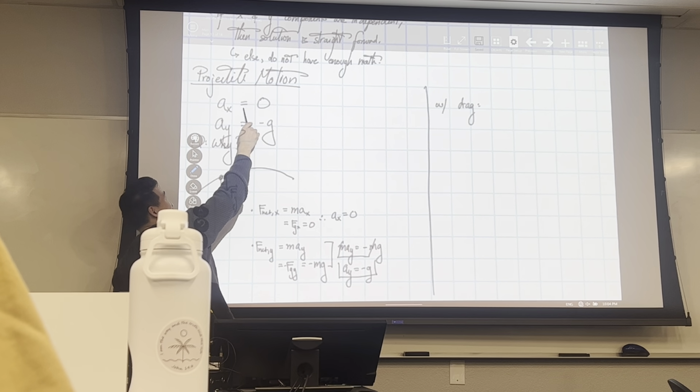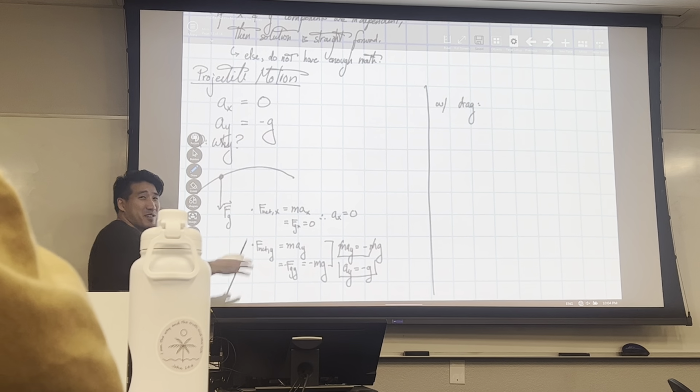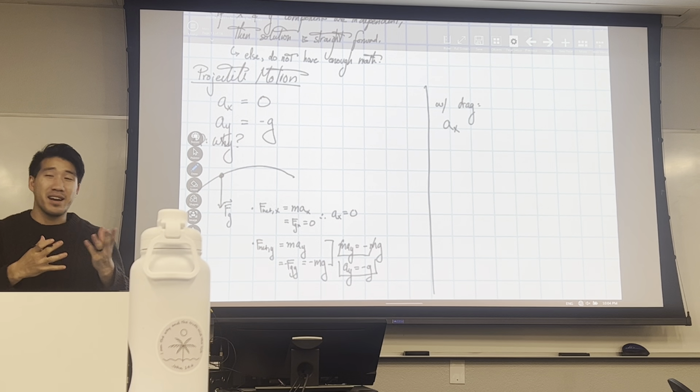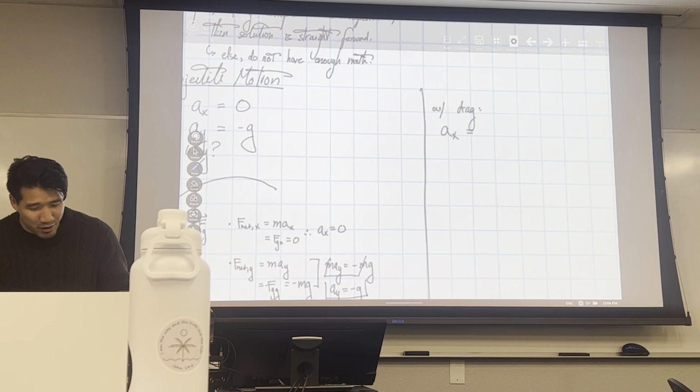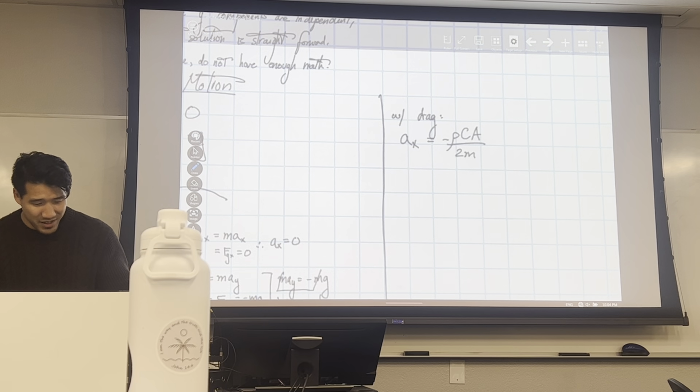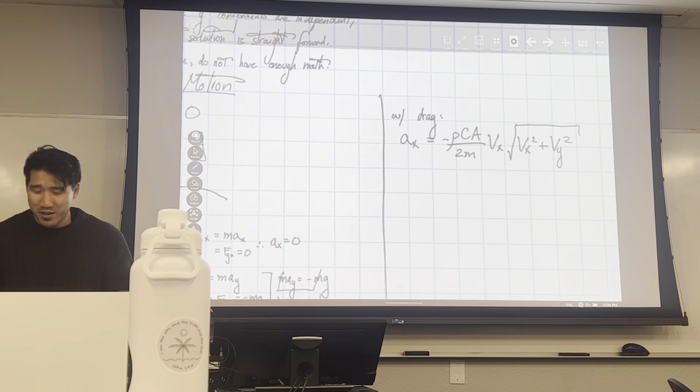Projectile motion: acceleration is 0 in the x, and in the y it is negative g. Very, very simple. With drag, with the model that I showed you, this is what the acceleration values will look like. In the x, it is equal to negative rho, the density of the fluid, times C, the drag coefficient, times A, the cross-sectional area, divided by 2 times the mass, times the x component of the velocity, times the square root of vx squared plus vy squared.